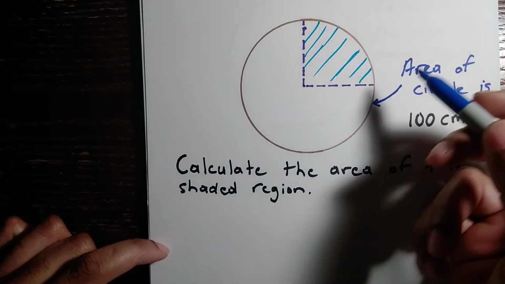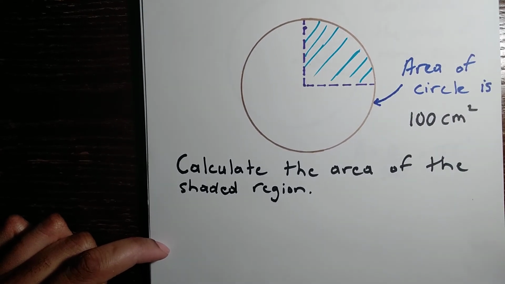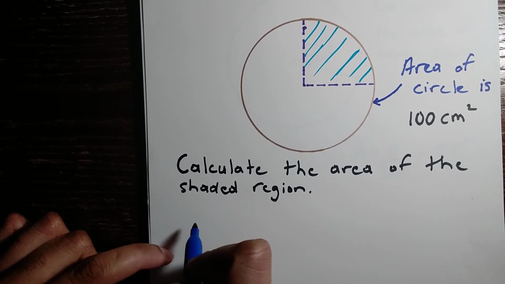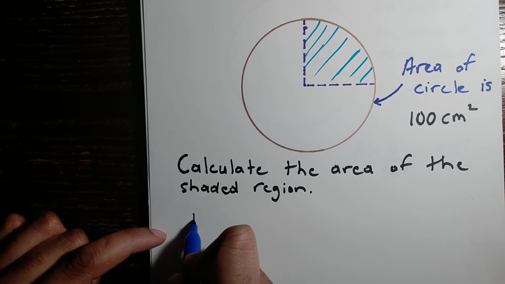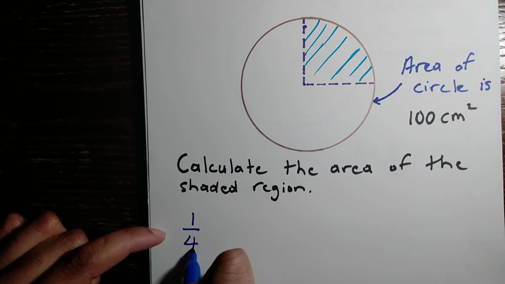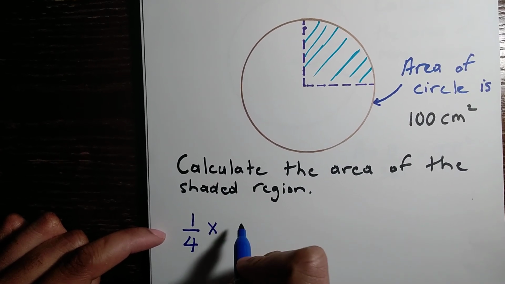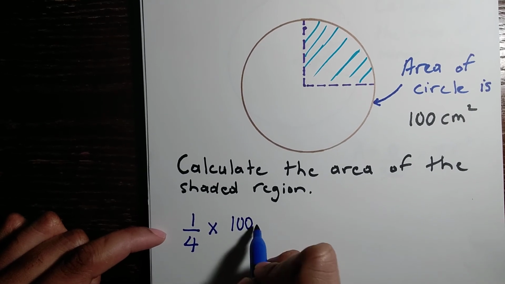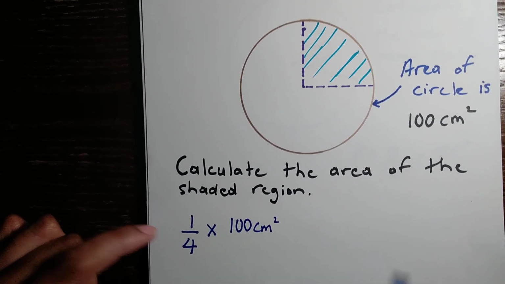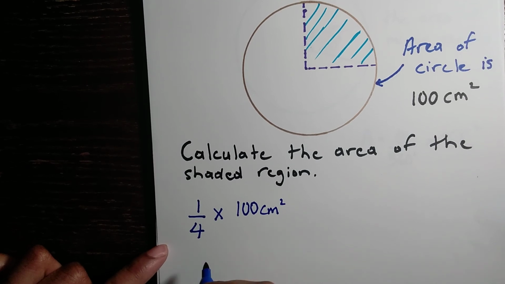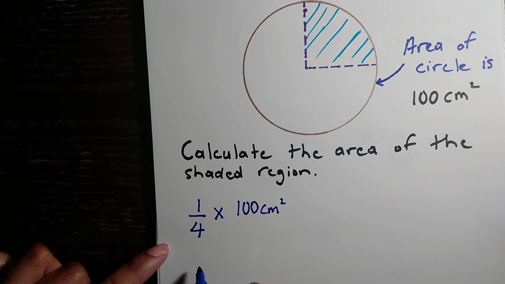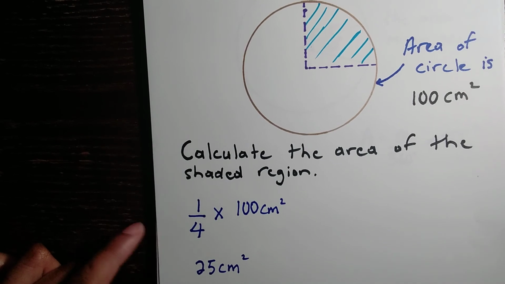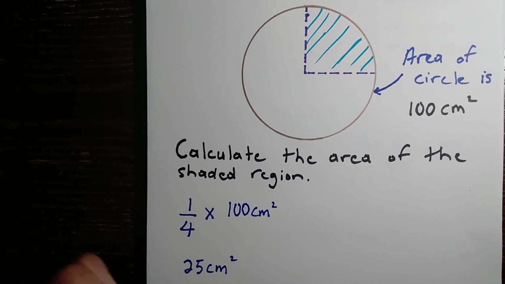Now, if the area of the whole circle is 100 centimeters squared, then the shaded region is 1/4 times the area of the whole circle, which is actually 25 centimeters squared. Now, there is something interesting here.